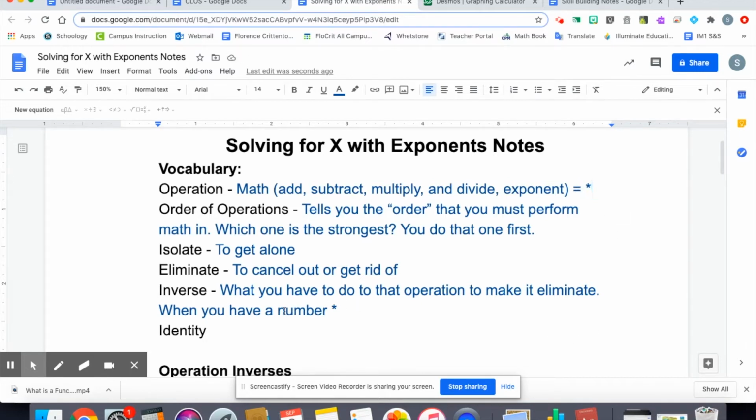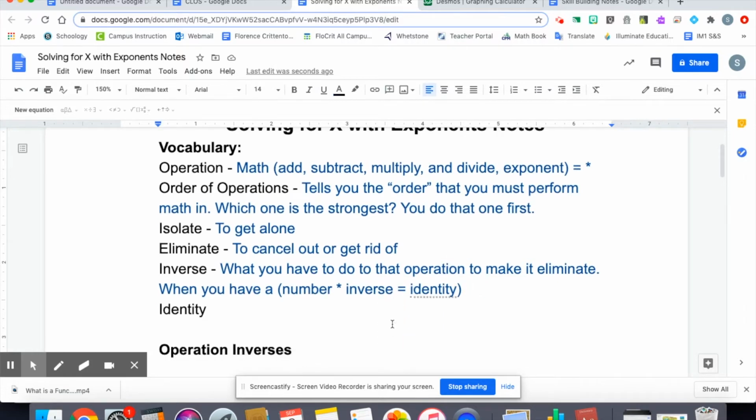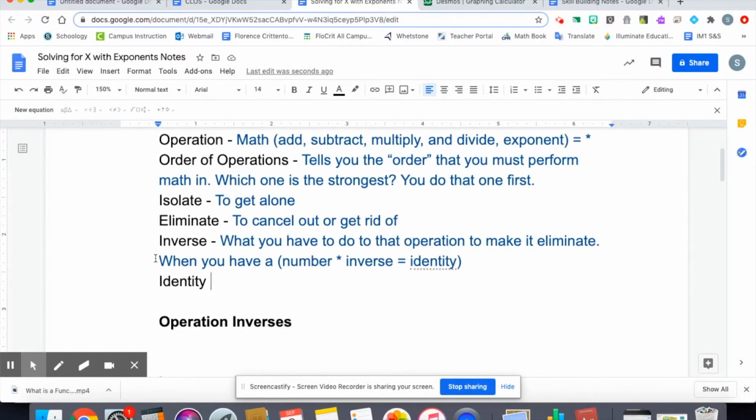So when you have a number, star, the inverse, the answer is the identity. All right, so I know that makes very little sense right now. Let's talk about the word identity, and then I'll explain what this means.